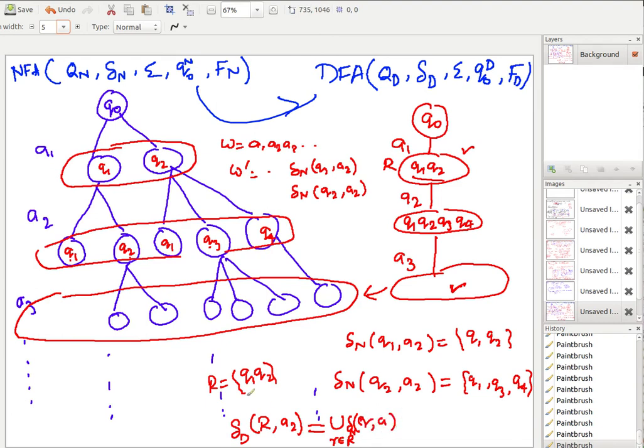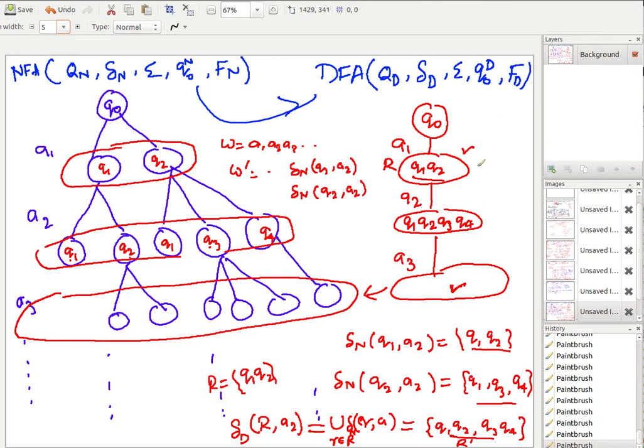There are two possibilities in R, either Q1 or Q2. For Q1 it gives you this, for Q2 it gives you this. If you take the union of these two, you find the union is Q1, Q2, Q3, Q4, and that is R dash, the next state.